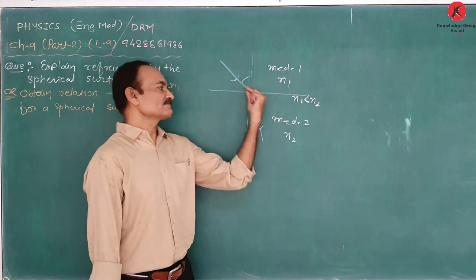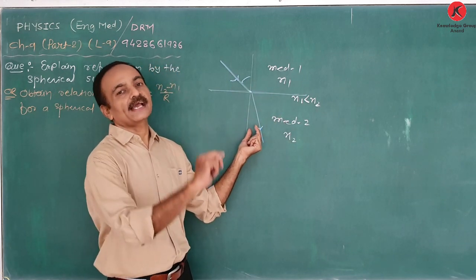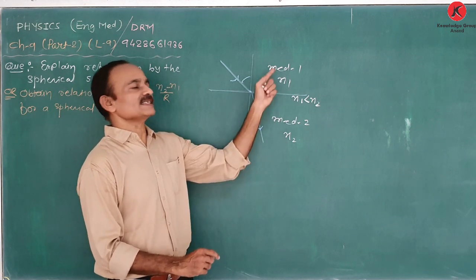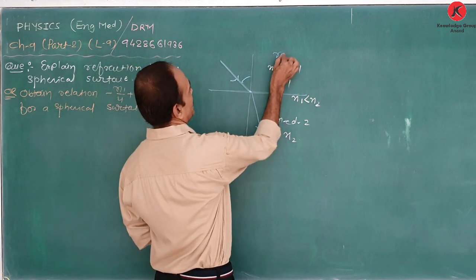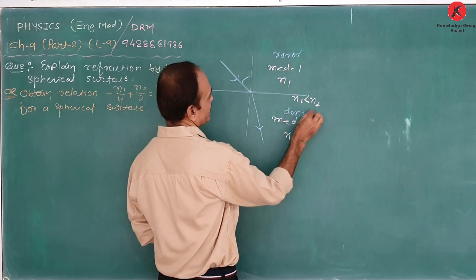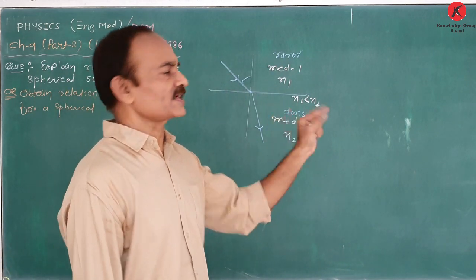That means its path is seen, instead of a straight line, diverging by a slight angle. That means it bends towards the normal, when the ray of light travels into the denser medium. Already we discussed the phenomena of refraction.